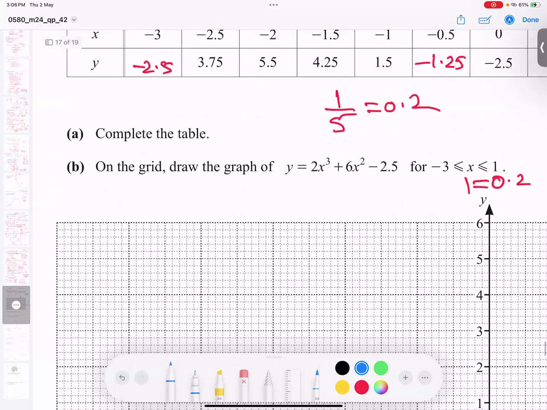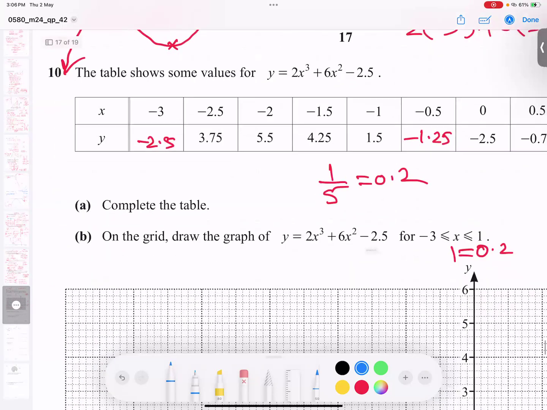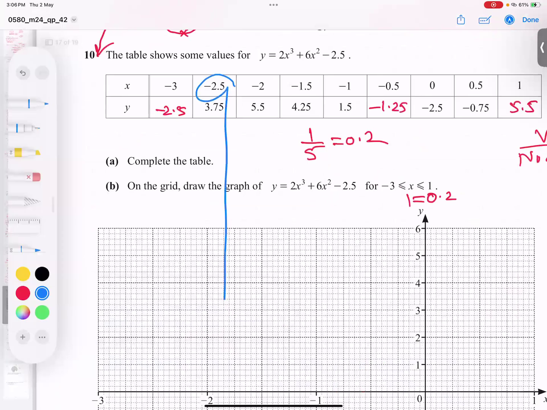So let's go for the next. -2.5, -2.5. Where is -2.5? In the middle of this and this. I mark it, and -3.75 positive. 3.75. 3 is this, 3.75. 3.2, 3.4, 3.6, 3.8.